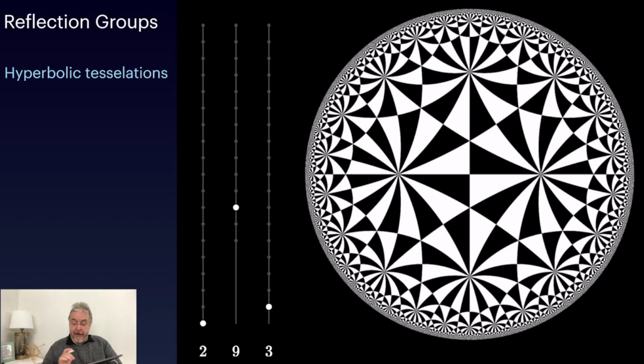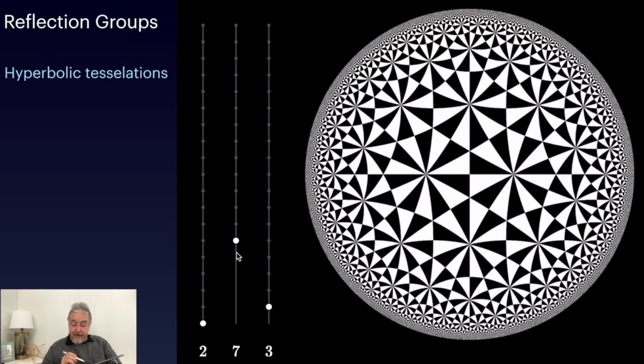So if I start to move these sliders here, I for instance can move this slider here still a little bit down, I get a triangle with indices 2, 7 and 3, which means you have 7 pieces around this arc, you have 2 pieces around that arc, and you have 3 pieces around this arc here. So you really get 3 different vertices governed by these indices here.